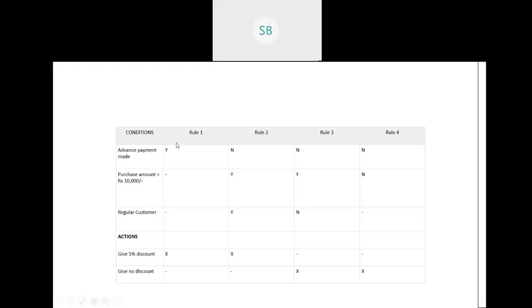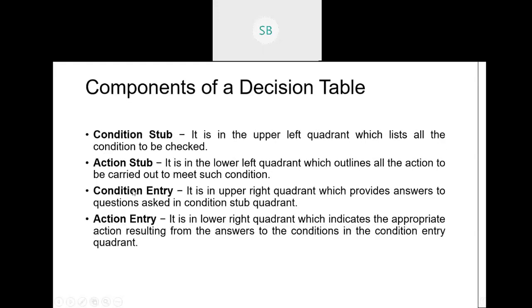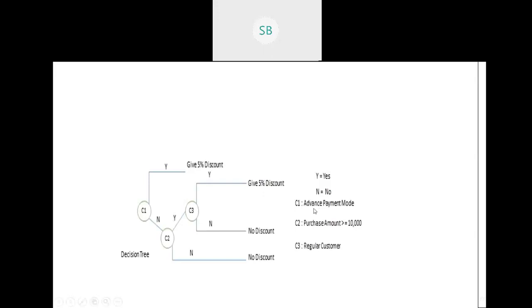You can think of the decision table as having four quadrants. First, the left quadrant will consist of the conditions. What are the conditions? Just go back to this diagram. Advance payment made, purchase amount greater than or equal to 10,000, or regular customer.